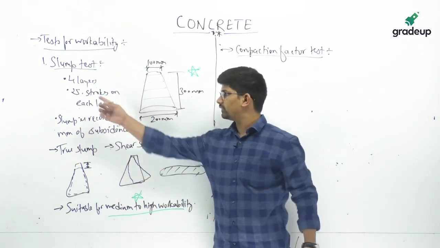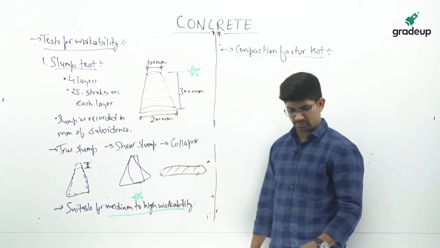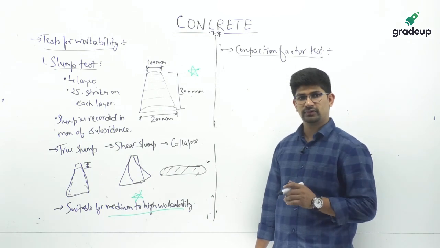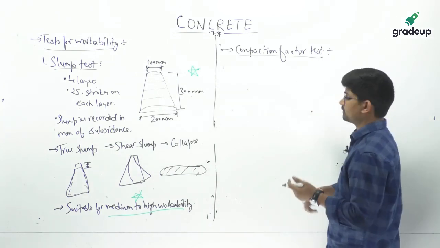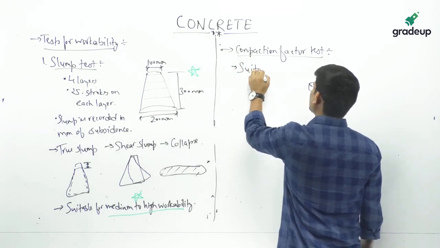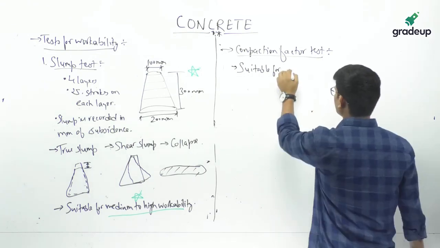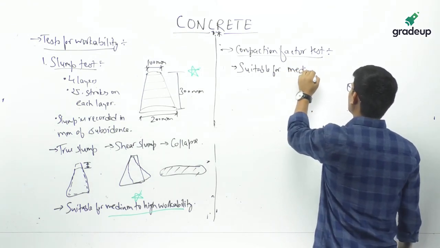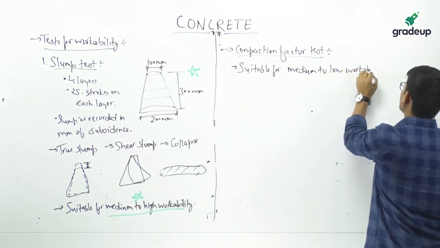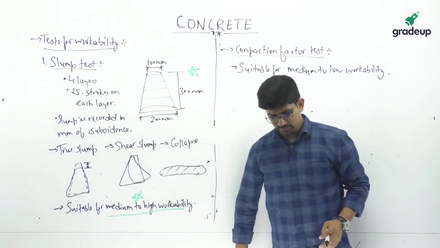In slump we fill in 4 layers. In compressive strength test, which we will be studying in due course of time, we fill in 3 layers. In slump it is 4 layers. Now this compaction factor is suitable for medium to low workability.